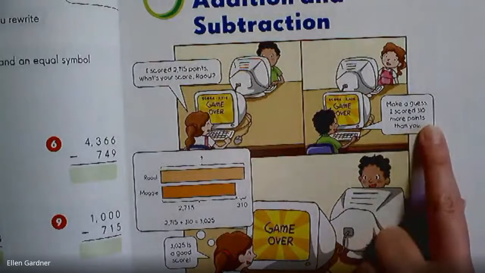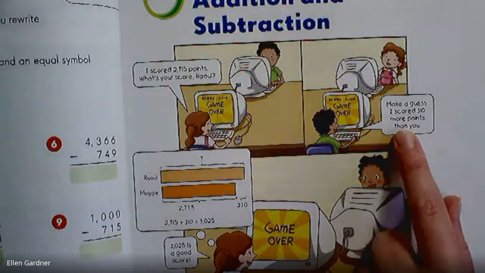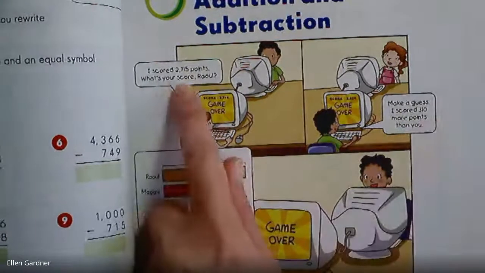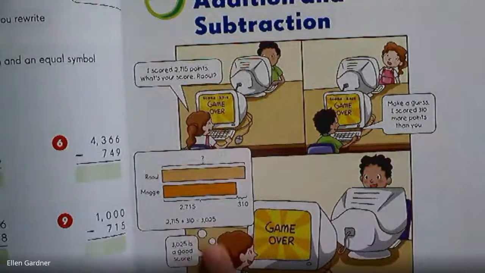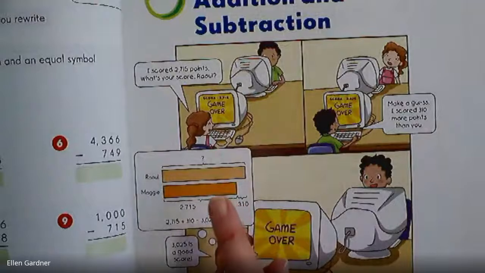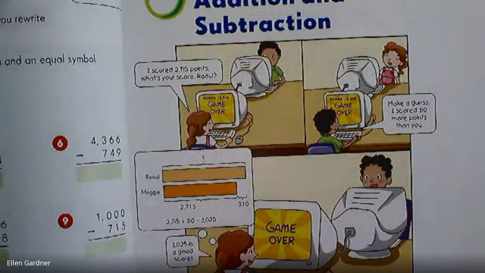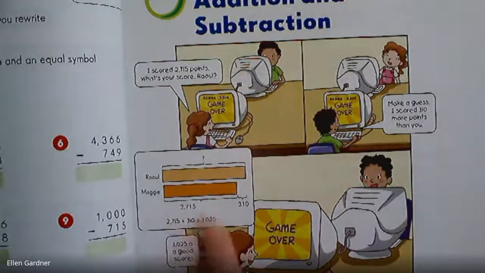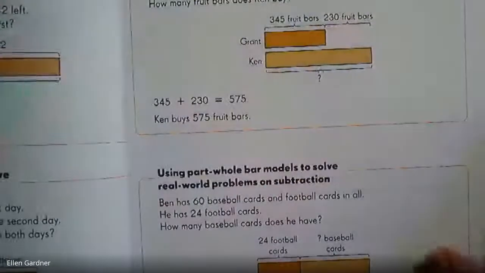I scored 310 points more than you. So his is 310 more than this number. She's making a mental picture of how much that is using what's called a comparison bar model. And she says 3,025 is a good score. So she added those two together, and the comparison bar model is a good picture of what's happening there.